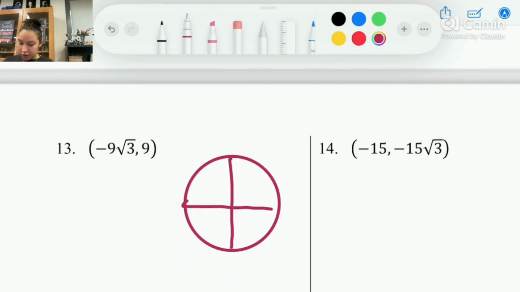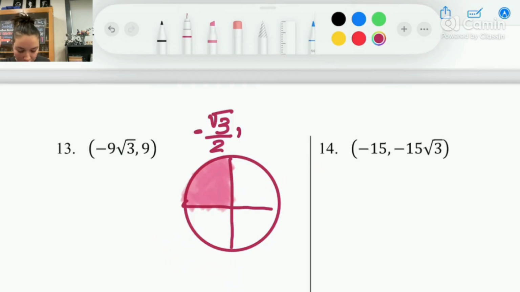For number 13, we're looking at one value that's going to be negative for your x value, and then your y value is going to be positive. So you know that it's going to take place in this quadrant here. The numerator for the x value is going to have a square root of 3, and there's only one option for that quadrant, so that would be negative square root of 3 over 2.